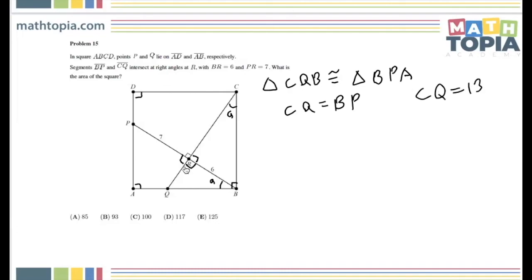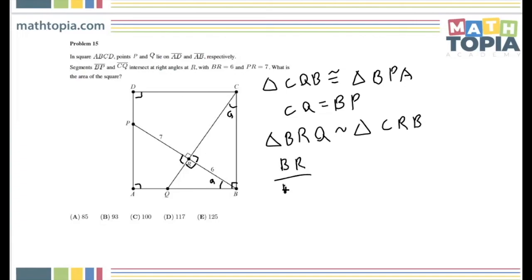And the other thing this shows is triangles RQB and BQC are similar, or a different set that's more useful: triangle BRQ is similar to triangle CRB, right? And from this, we can get the following. BR over RC is equal to QR over RB.